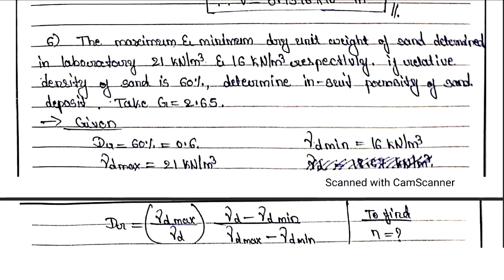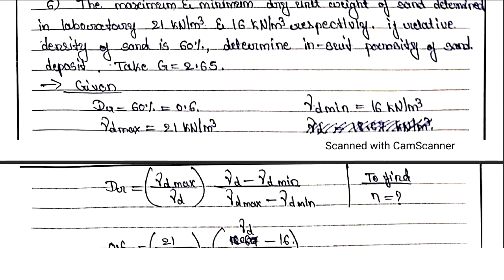So you can see here the given data. They have given the relative density Dr equal to 60%, that is nothing but 0.6 in fraction. Maximum dry unit weight is 21 kilonewton per meter cube and minimum dry unit weight is 16 kilonewton per meter cube.